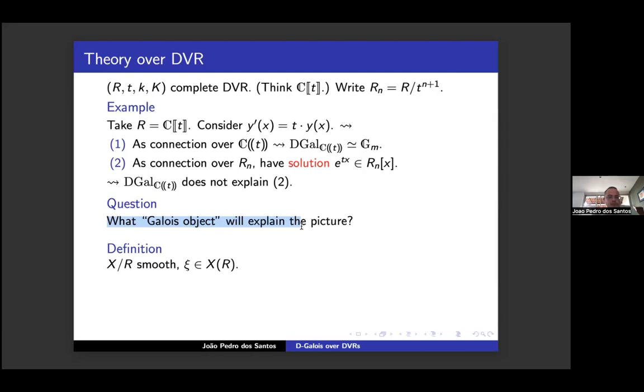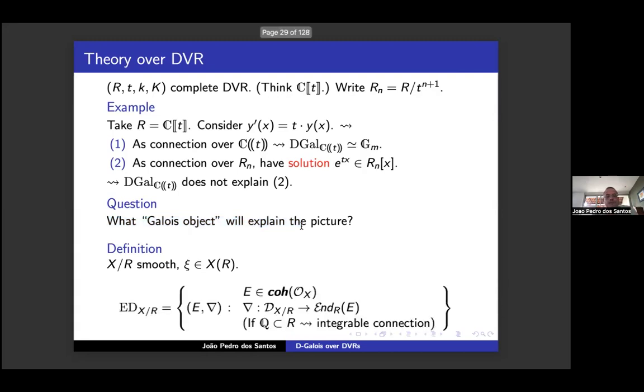So here's the formalism. I take X over R, a smooth scheme, whatever, variety, and I define the category of connections. Here I try to be a bit more general, and I define it using D modules.